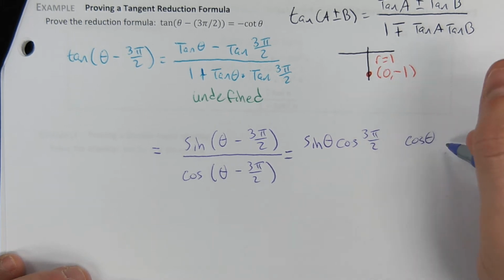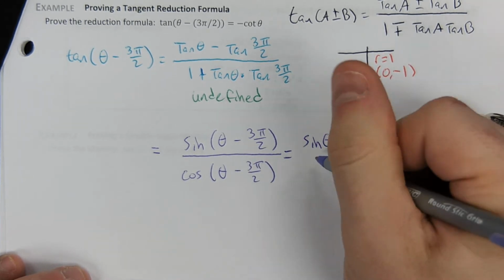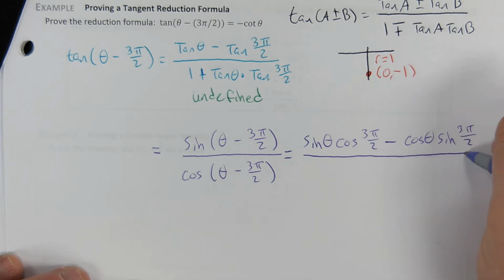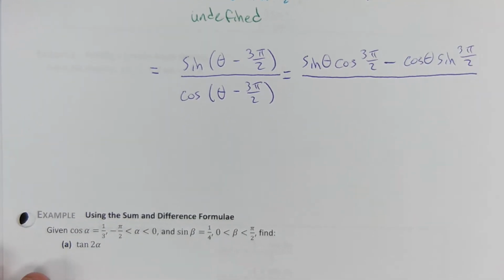So if there's a minus here, there's a minus here. The cosine identity goes cos, cos, sine, sine, opposite symbol.